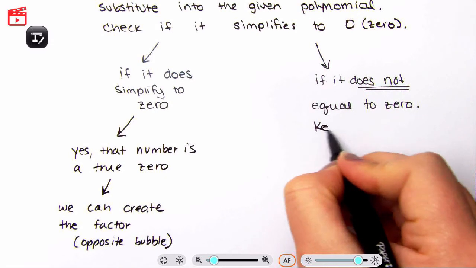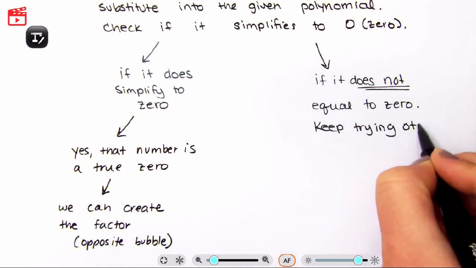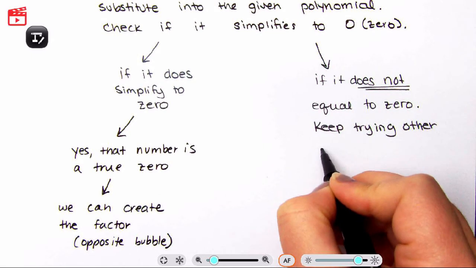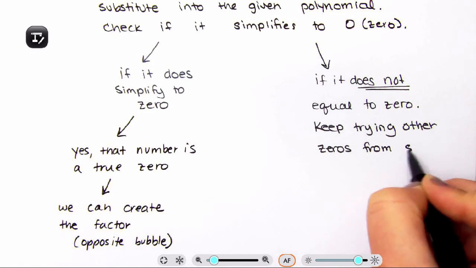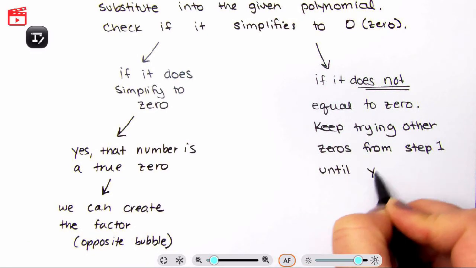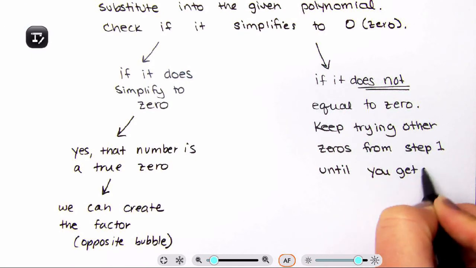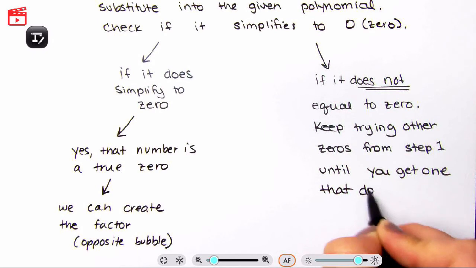Keep trying other potential zeros from step 1 until you get one that does equal 0.